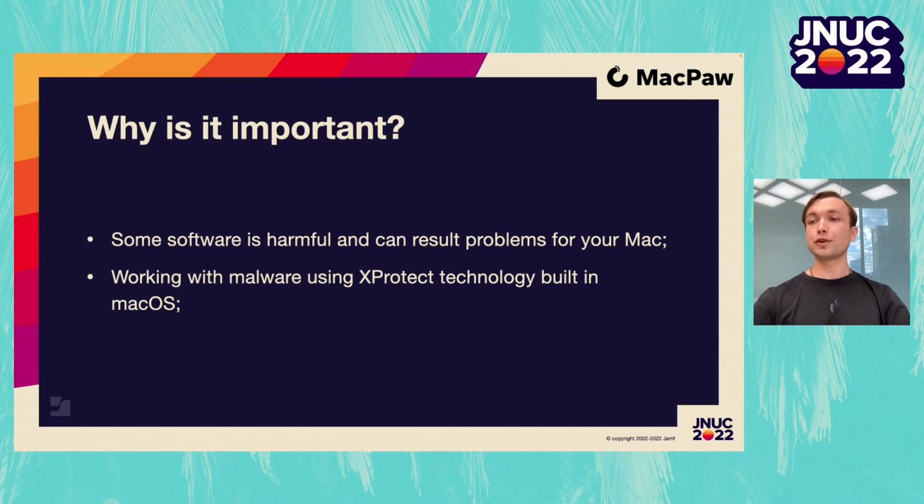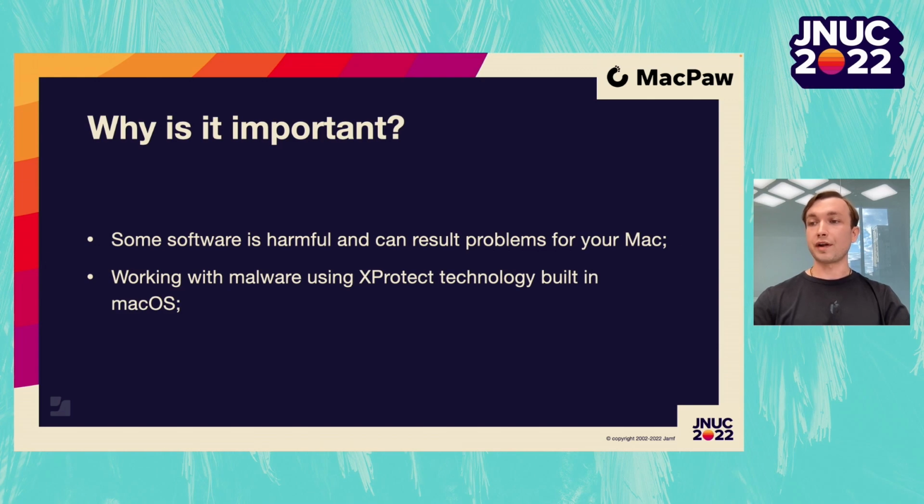How to work with malware we know, because every Mac comes with antivirus software built into the system. macOS includes a technology called XProtect, which scans your Mac for malware using a database of virus signatures maintained by Apple. This is enabled by default, so you don't need to do anything to use it.